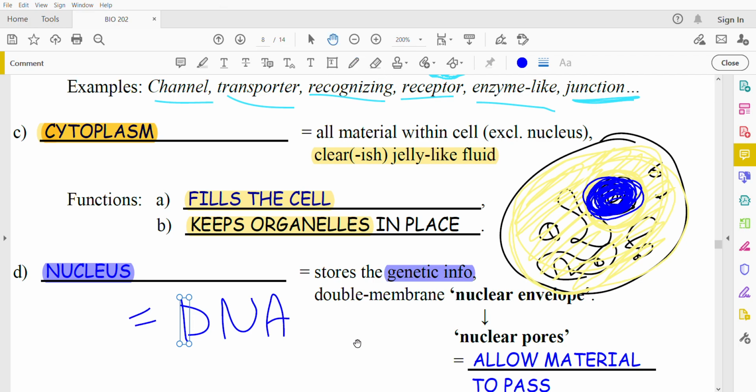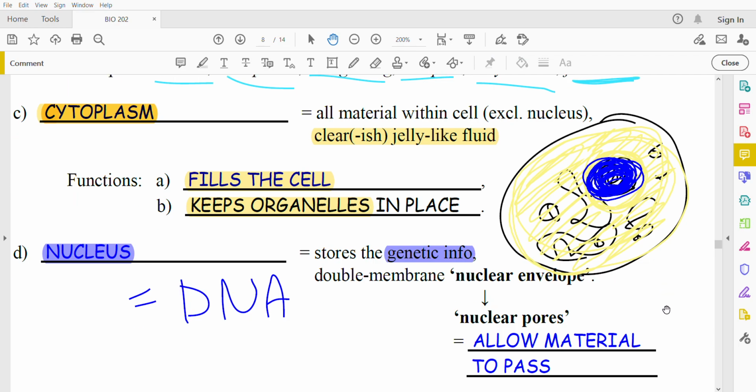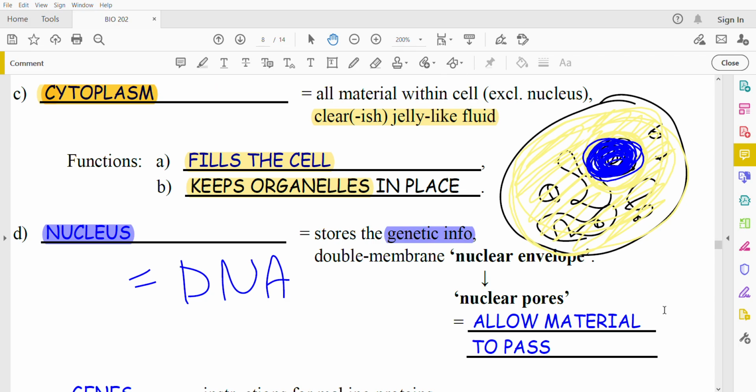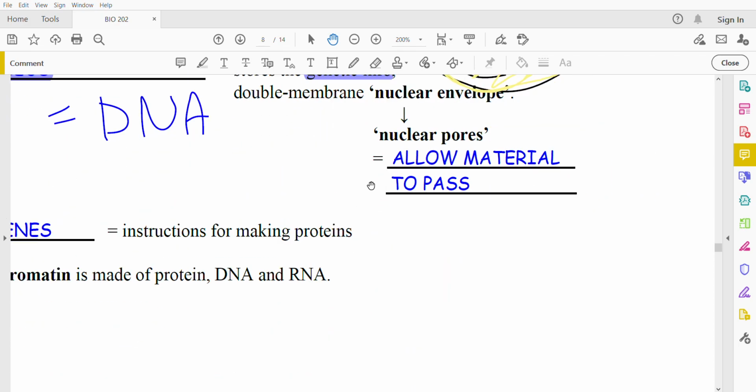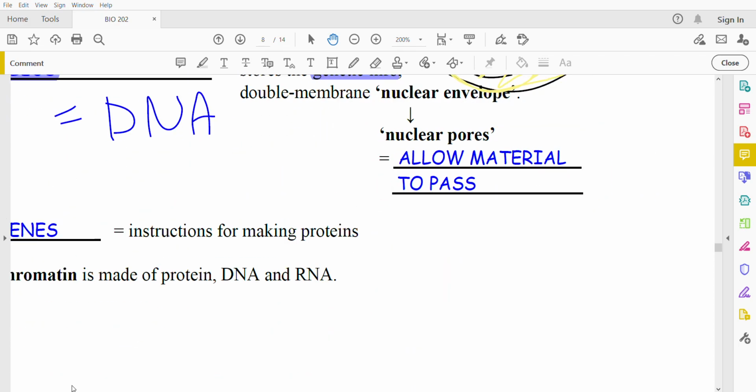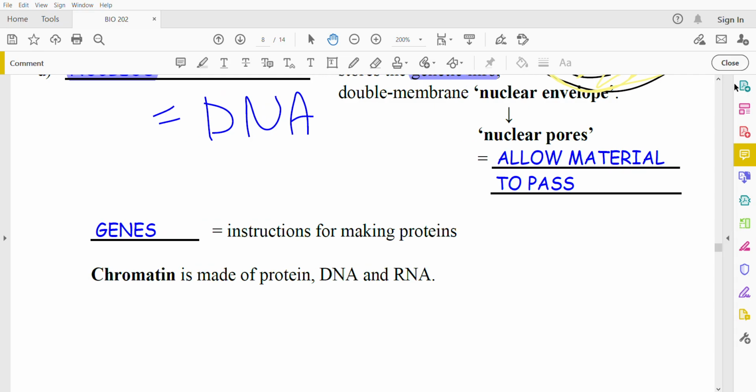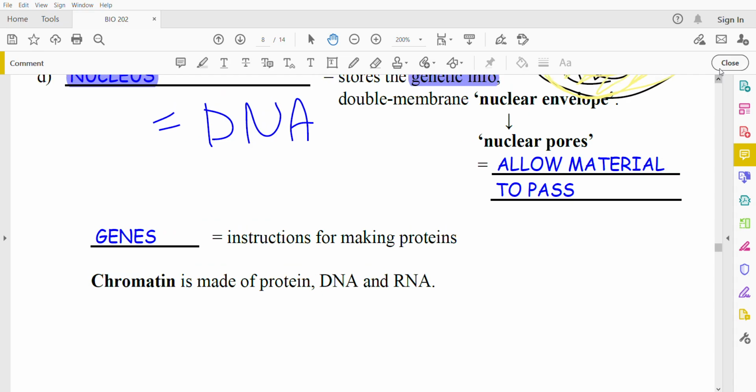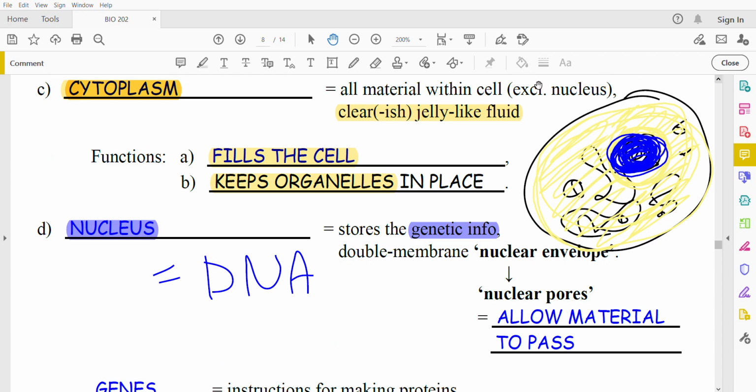What else can we say? Well, nucleus had a double membrane envelope. We called that nuclear envelope, and within that envelope it had small holes. Those are known as nuclear pores. So the function of the nuclear pores was to allow certain materials to enter into the nucleus and other materials to leave from the nucleus.